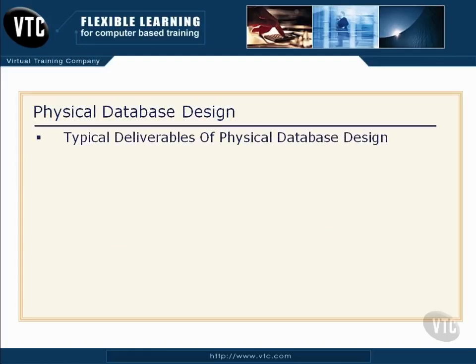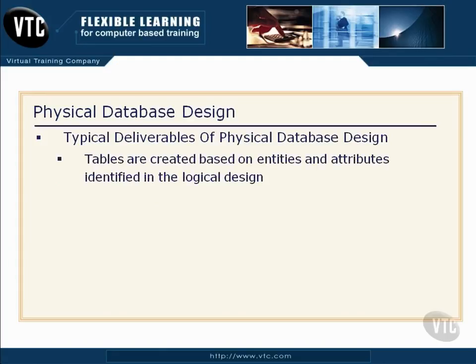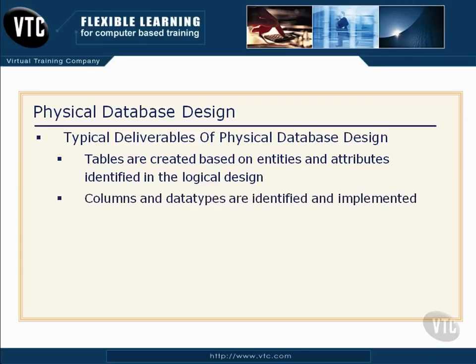Now, the typical deliverables that you're going to generate on a physical database design: first of all, you're going to create your tables, and these are going to be based on the entities and the attributes that were identified in the logical design. Then, you're going to implement the columns and data types. The columns are going to be the individual pieces of information that need to be stored in each table where they're interrelated, and you'll also choose proper data types.